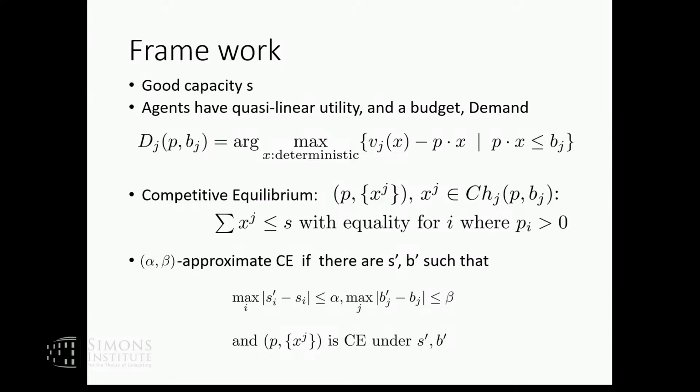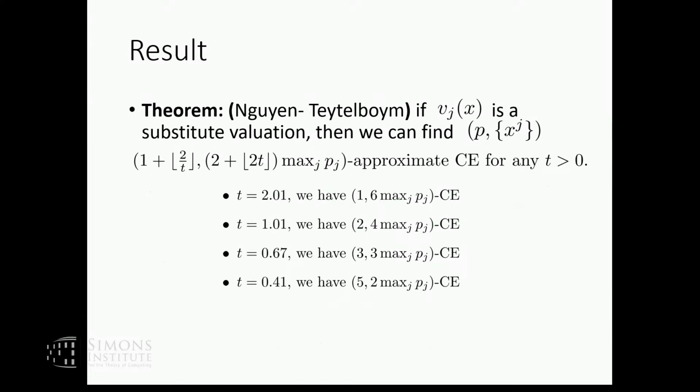Make sense? So the theorem says that if the valuation is a substitute valuation, then we can find a price and some bundles that satisfy this somewhat complex form of approximate equilibrium.